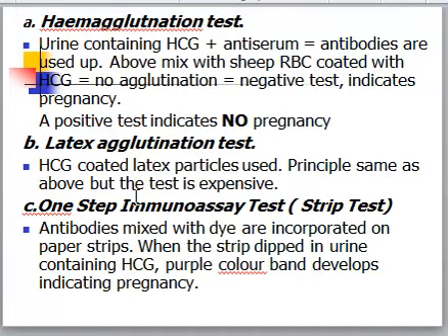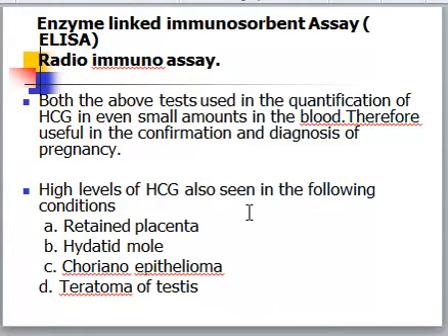It is a hemagglutination test, a latex agglutination test, and a one-step immunoassay test. Followed by that there is ELISA, which means enzyme-linked immunosorbent assay, and the radioimmunoassay. These tests come under the immunological tests.